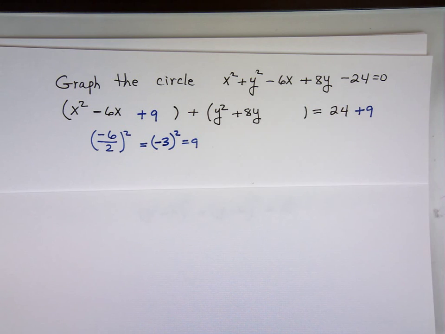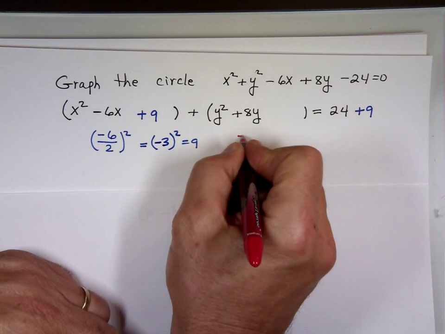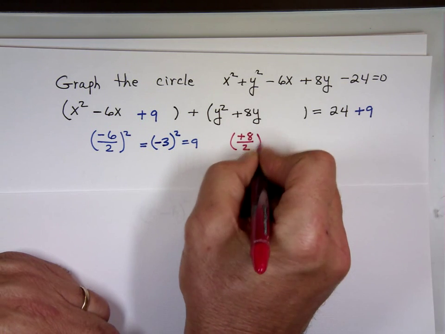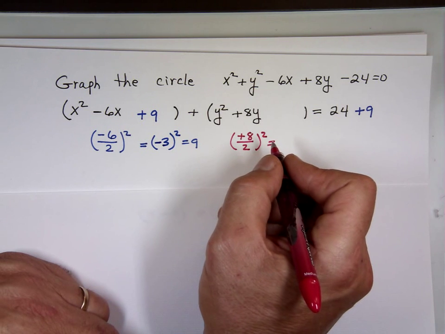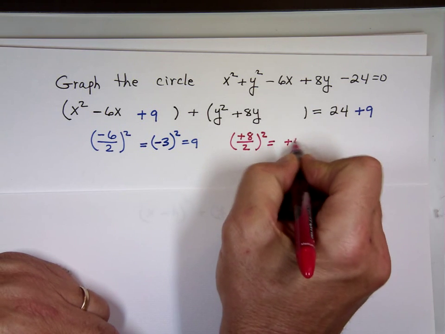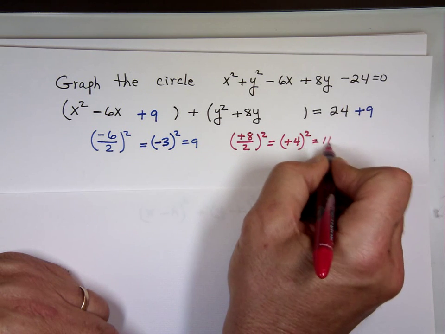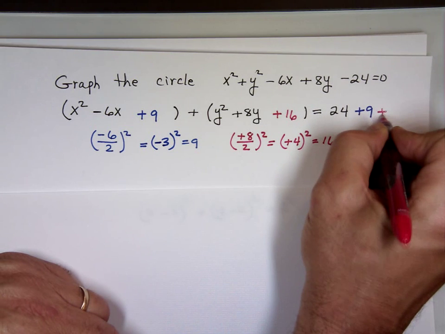I'm also going to do the same thing with the plus 8y. Take the plus 8 divided by 2 and square it. What do we have? Plus 4. Square it, which is what? 16. Add 16 to this side and add 16 to that side.